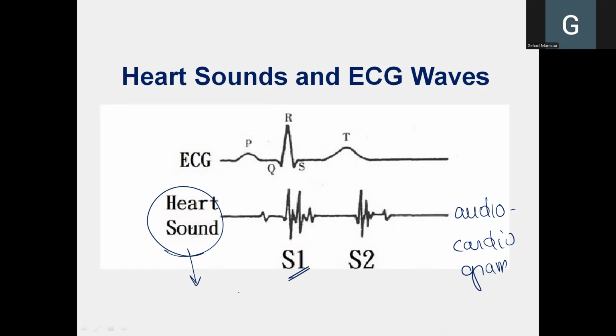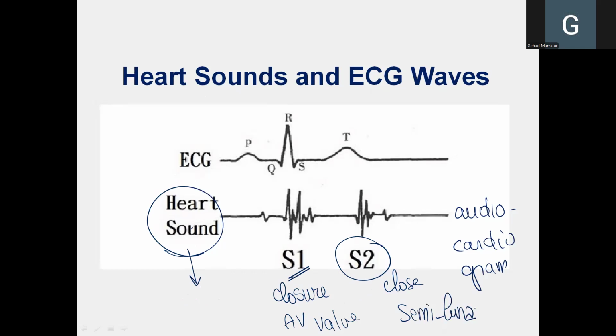S1 is a recording of the sound obtained by closure of the atrioventricular valves, whereas the S2 sound is due to the closure of the semilunar valves, which are the aortic valve and the pulmonary valve.